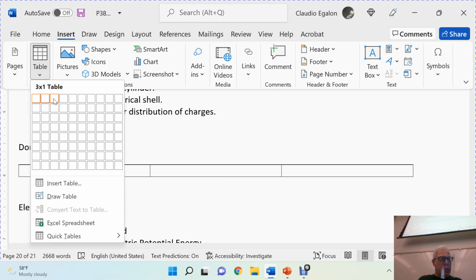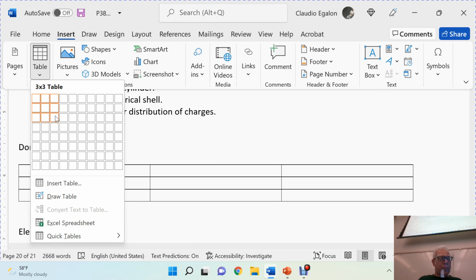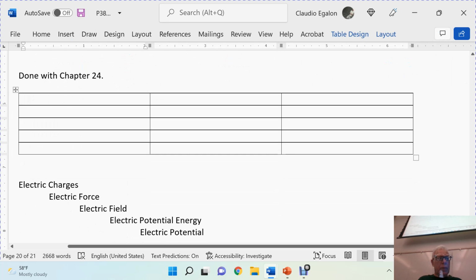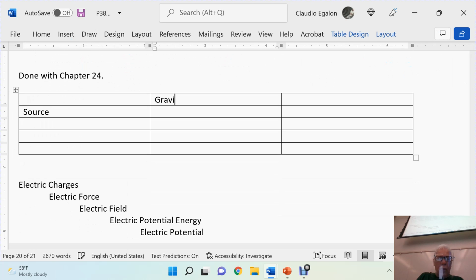Source. The source of a gravitational field is the mass. The source of an electric field is the electric charge.